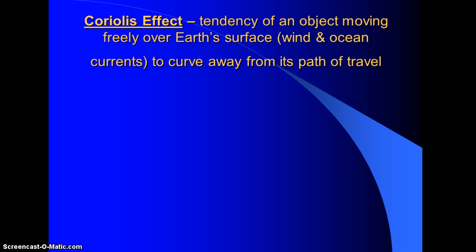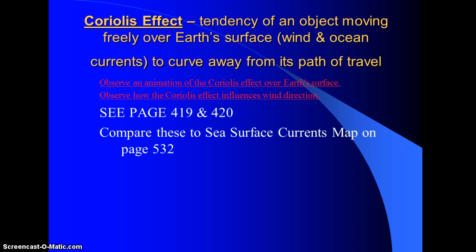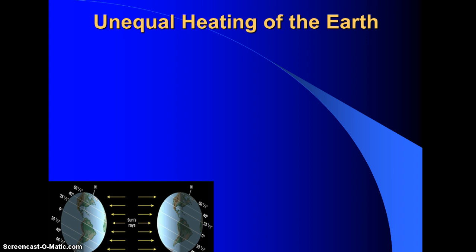I have another clip I'm going to show you in class, but you're going to notice that in the northern hemisphere on any map, if you look at the Atlantic Ocean, you're going to see it go clockwise. There's a pattern, a path. It makes a clockwise circle. Same ocean in the southern hemisphere is going counterclockwise. And this is because of the Coriolis effect, my friends.